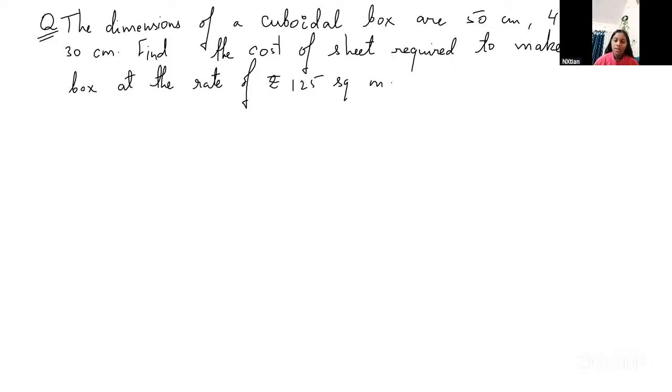So first, you people find out the surface area of the cuboid. I'm writing the formula. You have to find out surface area: 2 multiplied by length into breadth plus breadth into height plus height into length.